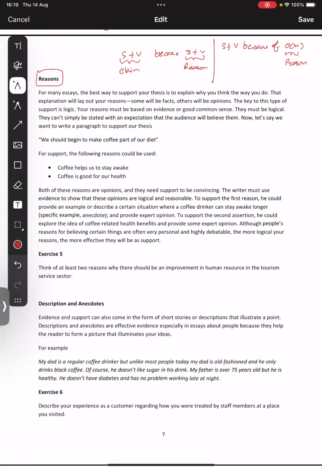If I say, for example, Tom is smart because, let me just use a different one. If I say Tom should be recruited.